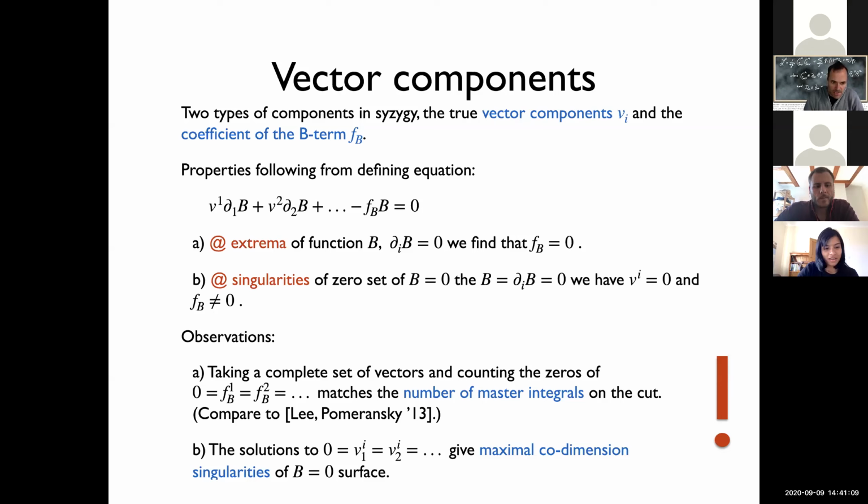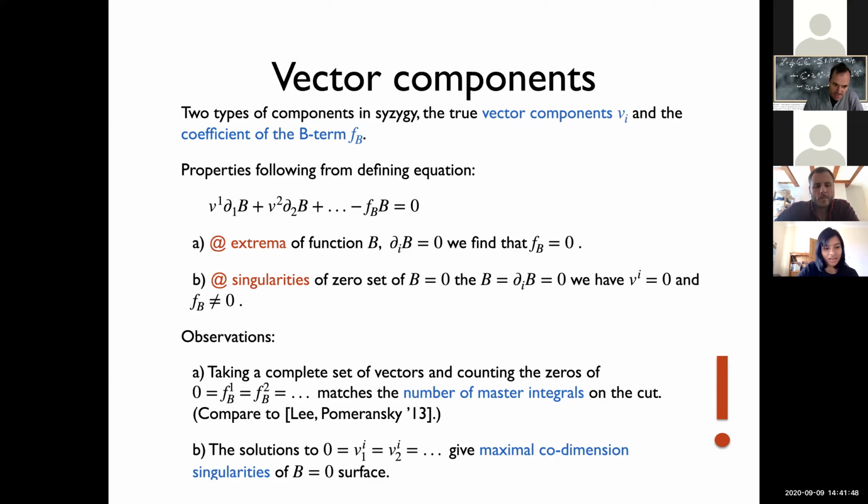Okay, so one can now take these observations and play with them. What one finds is that we can use the components of the vectors to discuss some of the properties of the cut surface. If you compute all the vectors and look for the place where the F times B of all these vectors vanish, then the set of solutions corresponds exactly to the number of extrema of the Baikov which are not singularities at the same time.